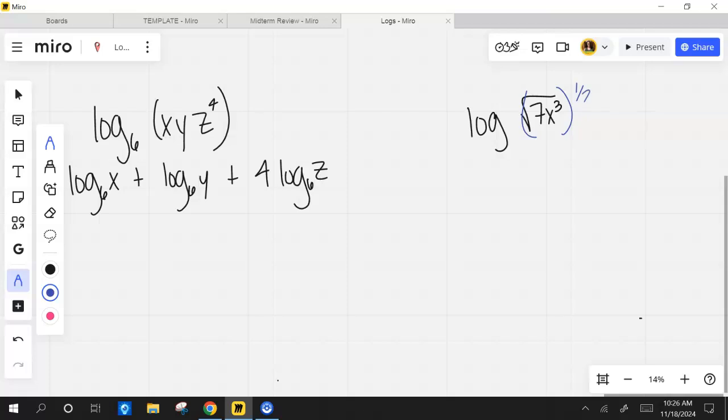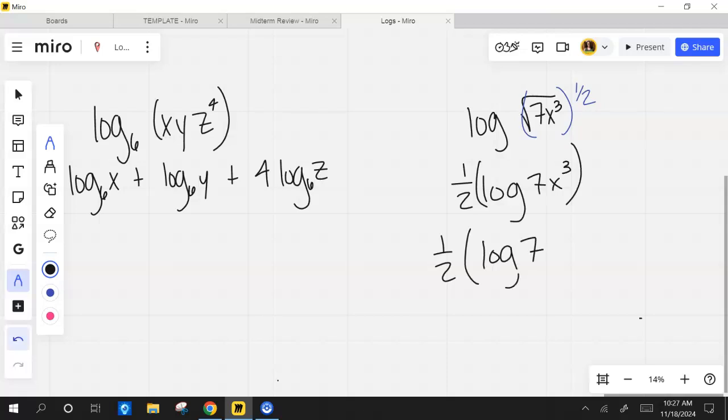I'm going to pull the 1/2 in front first, because the 1/2 is going to everything. So whenever I split this up, I have to make sure that the 1/2 still goes with both of these pieces. You see what I'm saying?